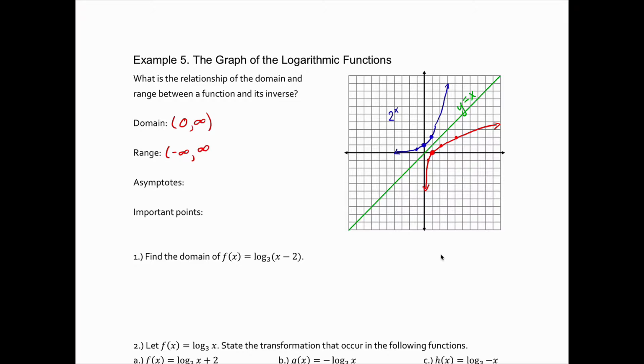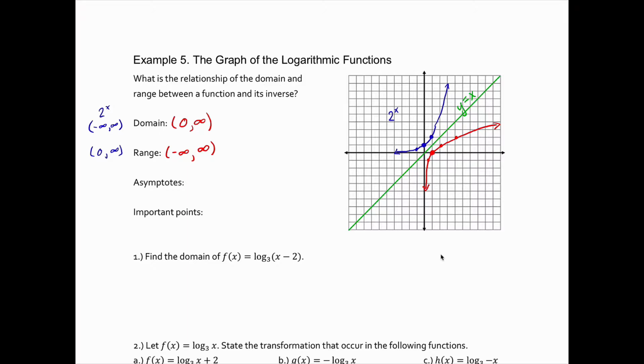So the range is positive infinity. And again, if we thought about the domain and range of our exponential function, the domain was indeed all real numbers, and the range was 0 to infinity. So again, the domain and range switched.